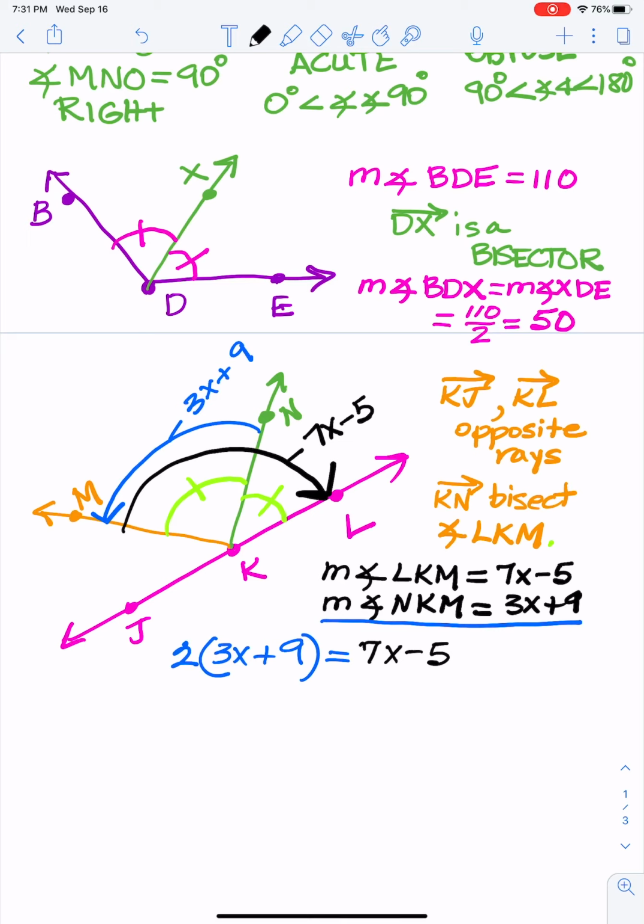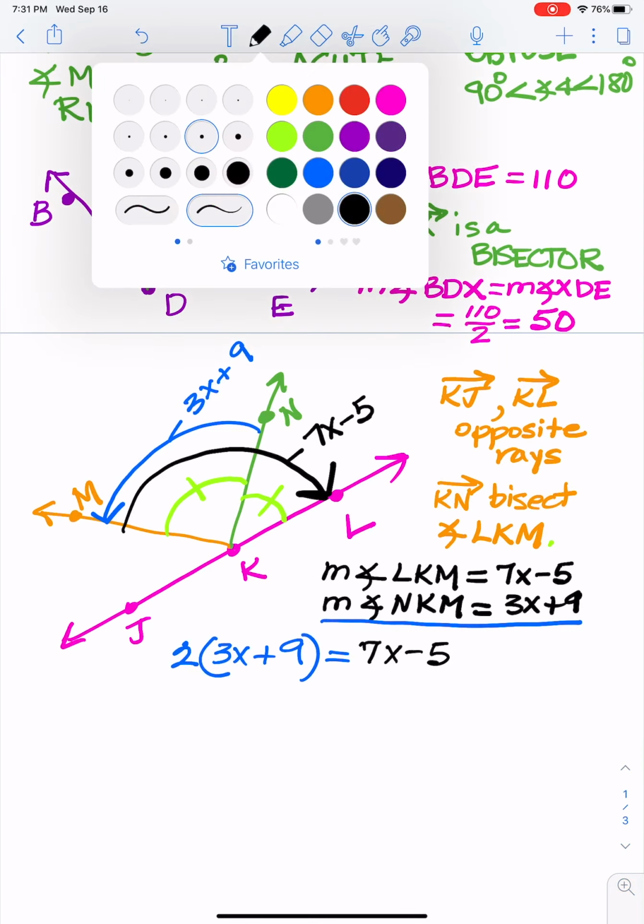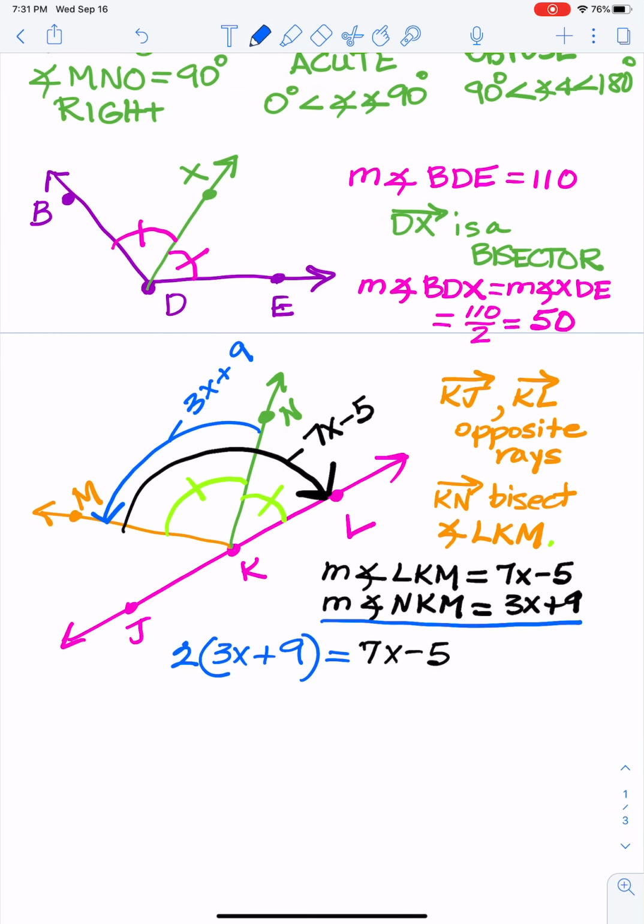Now, relationships are many times very difficult to see unless we label. And I find it helpful to color code as you label so that you can see the differences. 2 times 3x is 6x. 2 times 9, 18, is equal to 7x minus 5.